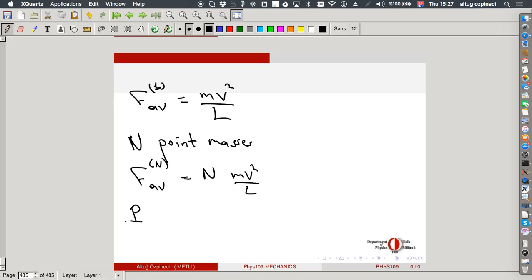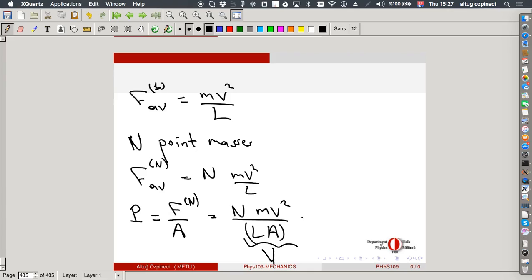Well, your friend was asking about the pressure. Now, pressure is defined as the force over the area. Now we are imagining we have this cube. So this will be n times mv squared over L times A. Well, L times A is just the volume. So we have pressure of this, let's say, gas.